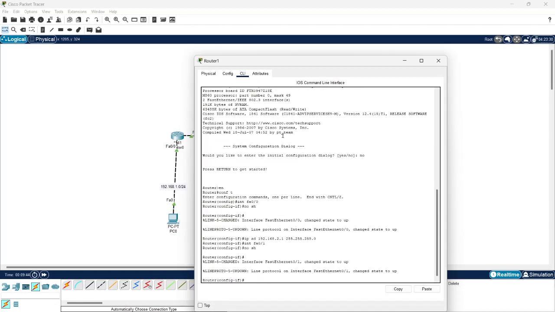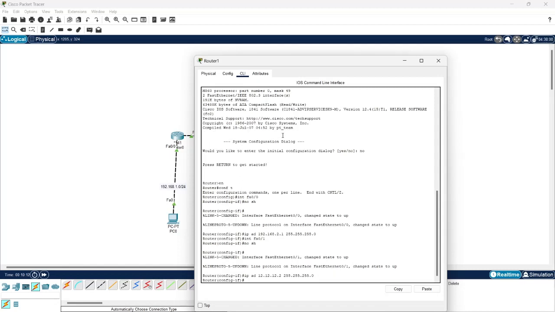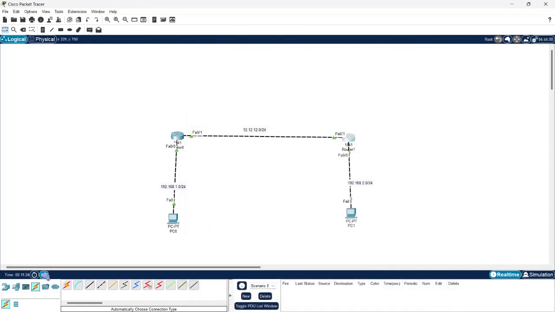After that, we're gonna add the IP address from router 1 to router 0, with the prefix 24 again. So that's all for the configuration of the routing.